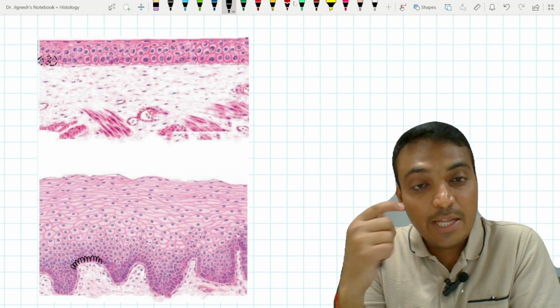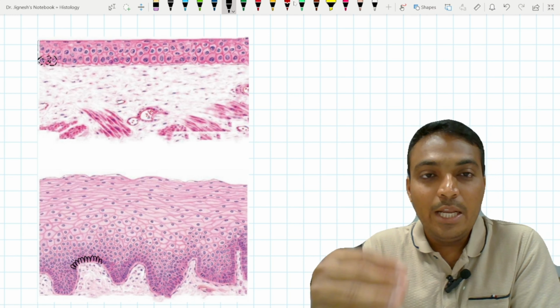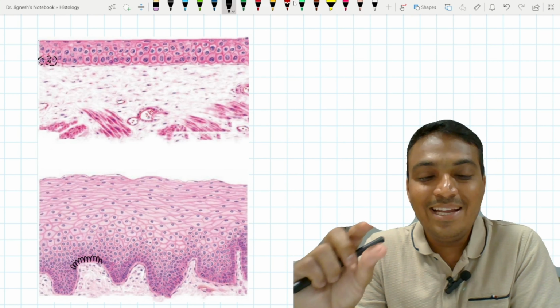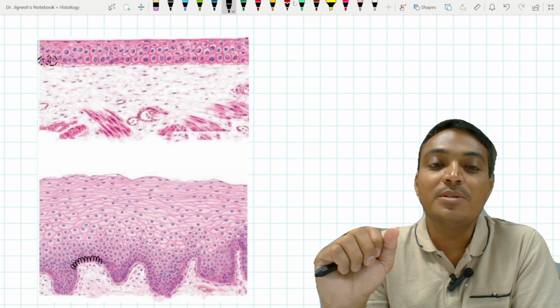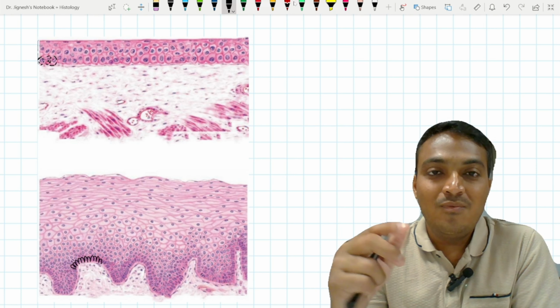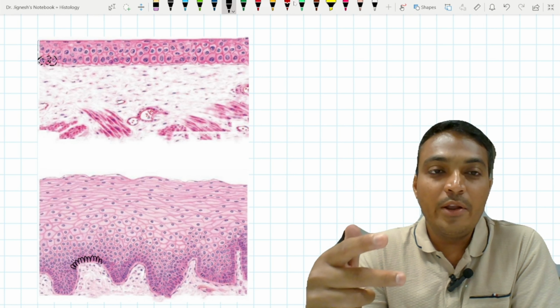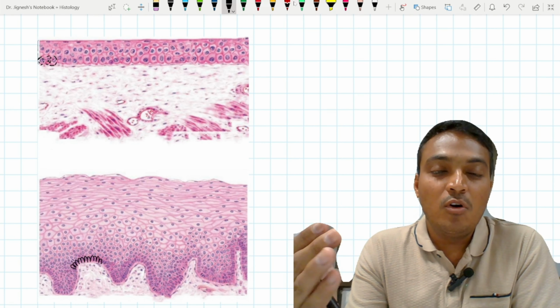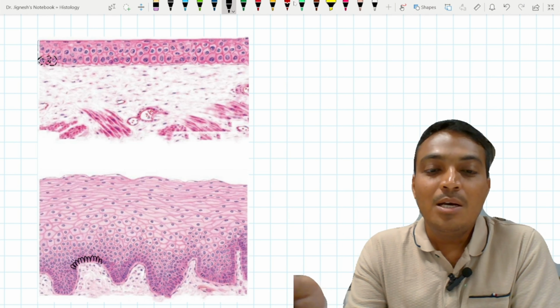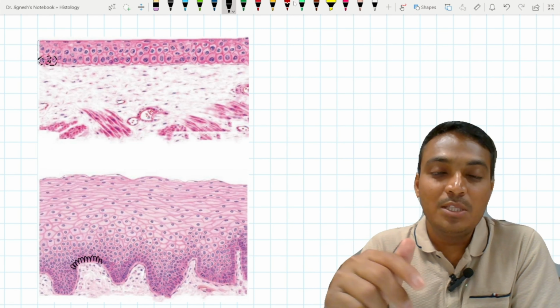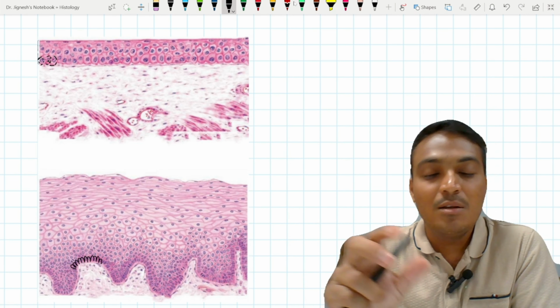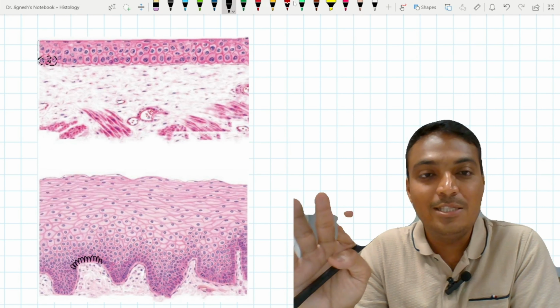One more differentiating feature is that the transitional epithelium is a little thinner than the stratified squamous epithelium. So these are the two important points we can remember for the differentiation of the distended urothelium and stratified squamous epithelium. Otherwise, the empty organ transitional epithelium is very easy to identify.